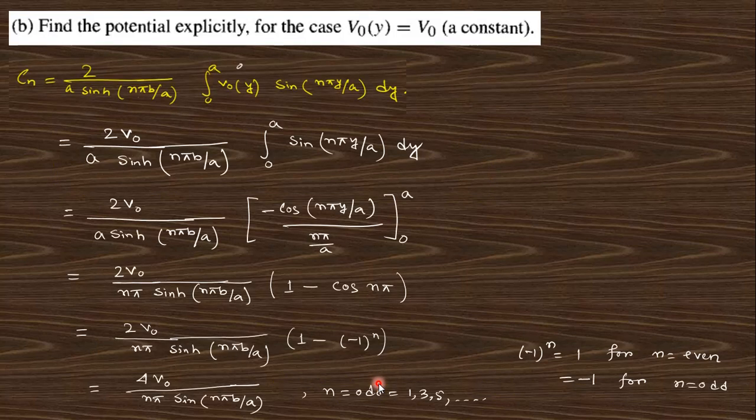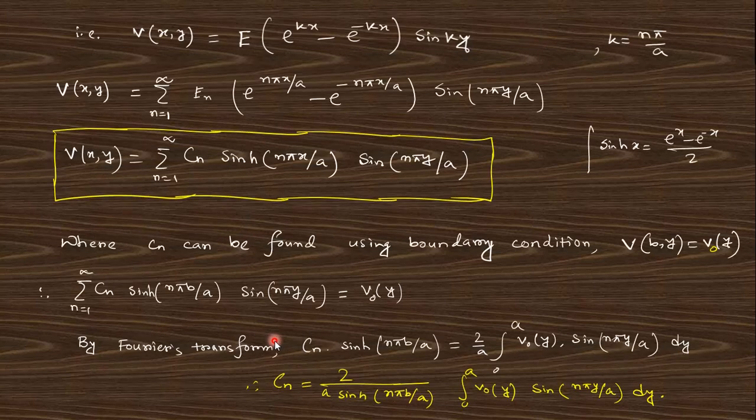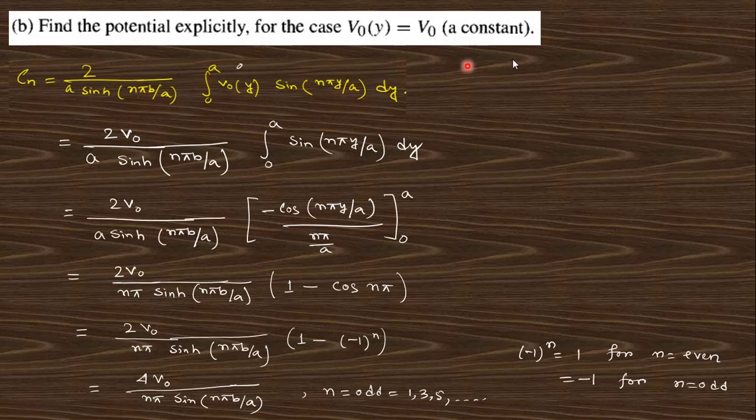Next question: find the potential explicitly for V0y equals V0. When this is any function, the solution will be like that. But when it is a constant, we can take it out, and this integration will be cos, put the value and we get this equation.